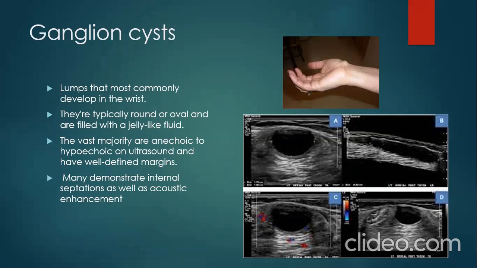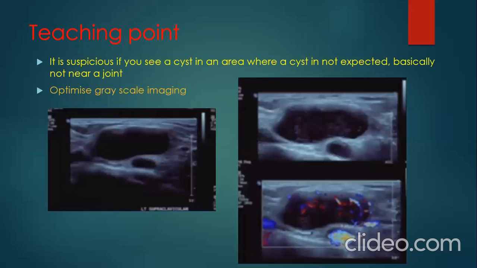Sometimes they can be hypoechoic, and they have well-defined margins. However, they might demonstrate internal septations. And because it's a cyst, we expect to see posterior enhancement, occurring posterior to the cystic lesion. These are just images showing us the cyst. This is the clinical picture. We don't pick up any color flow on Doppler scan because we are dealing with a cyst here.